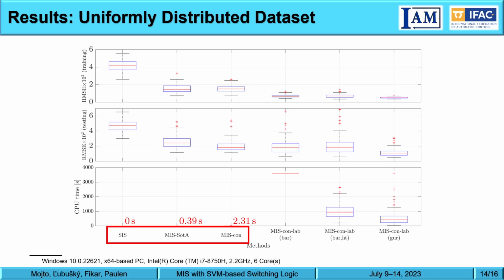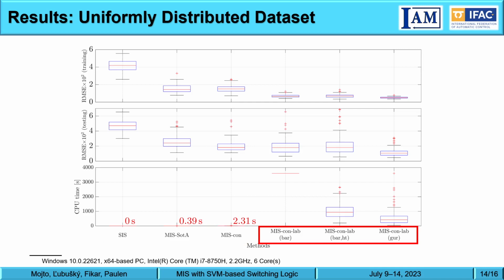The approaches without the optimization of the binary variables achieve significantly lower computational load. And we can also see that the rest of the approaches are also affected in a way that the results have higher variability.